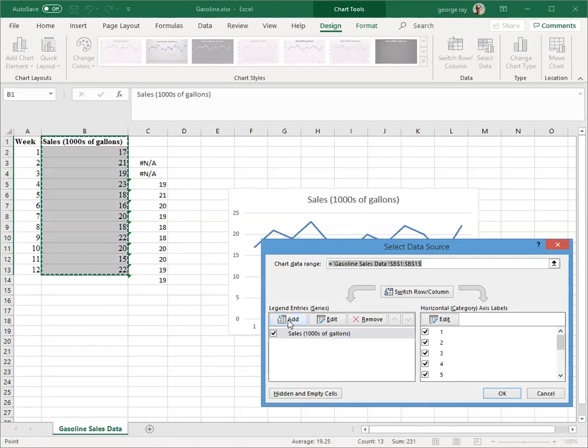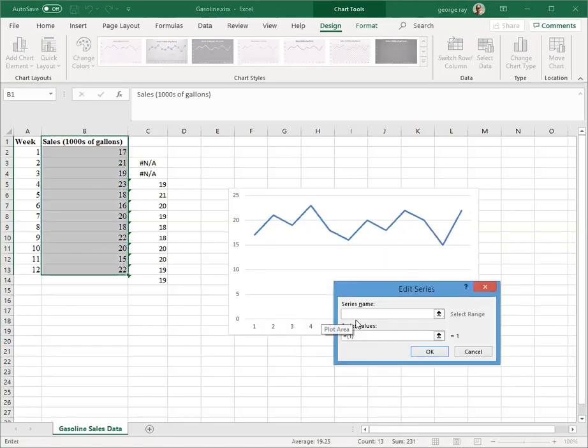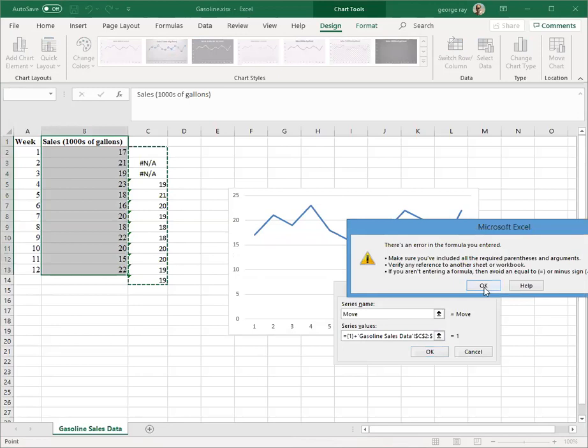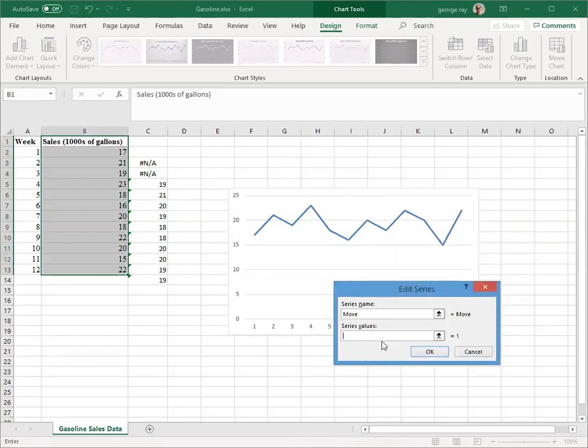Here I'm going to add a series in, and this is going to be called move. Oops. Okay, so let's do this again.